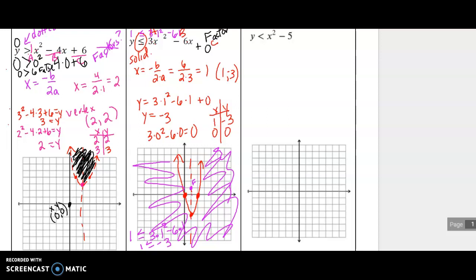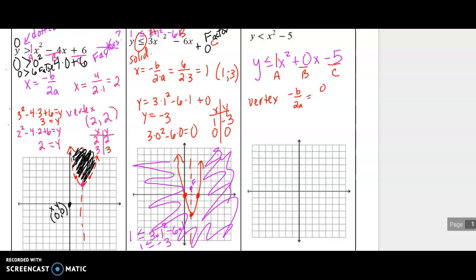All right, my last equation, same idea. I get y is less than x squared. I need to add in 0x and then -5. So 1 is A, 0 is B, and C is -5. So to graph our vertex, we get -b over 2a.